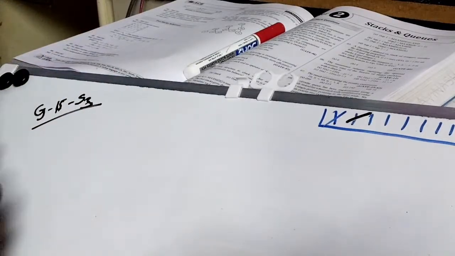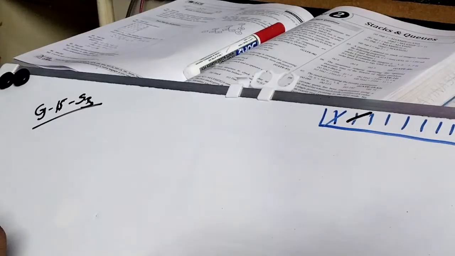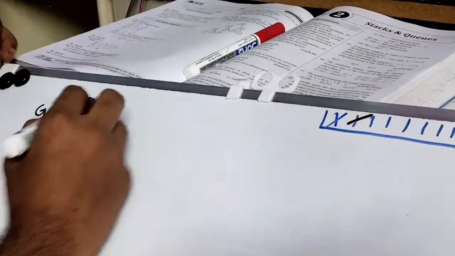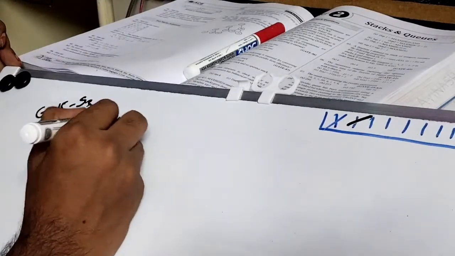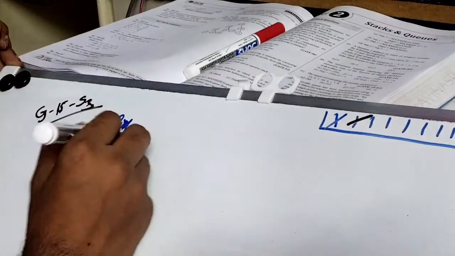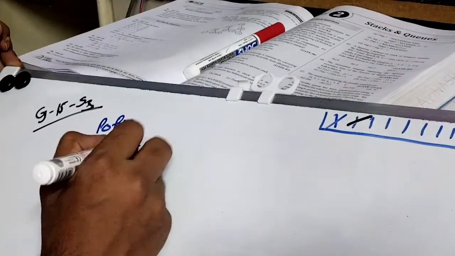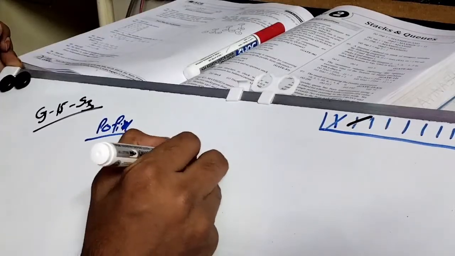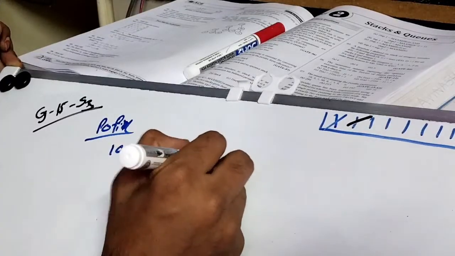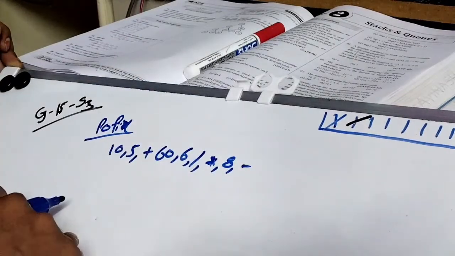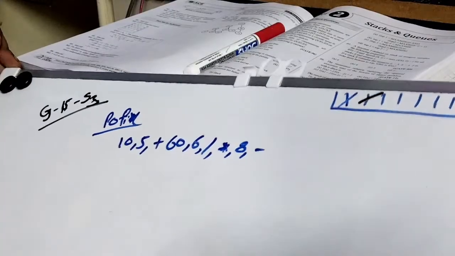They have given a postfix expression: 10 5 plus 60 6 division into 8 minus. So we will solve the postfix expression first.